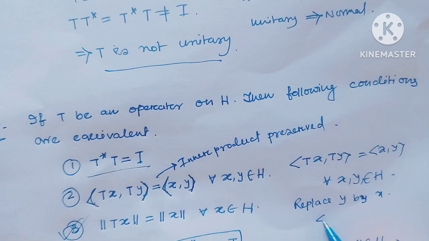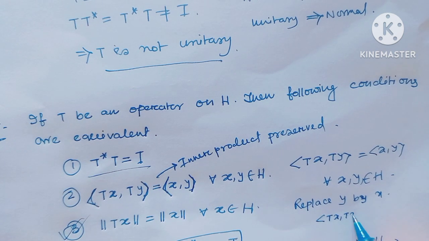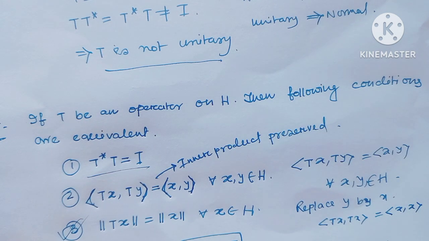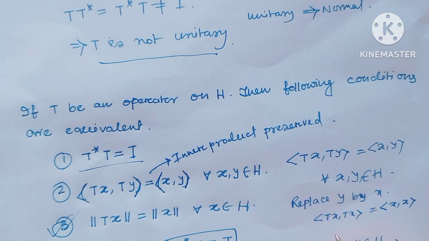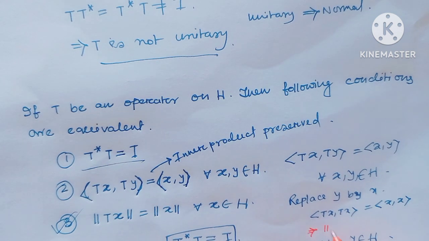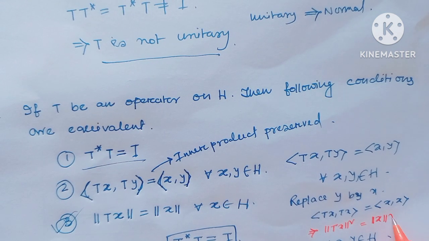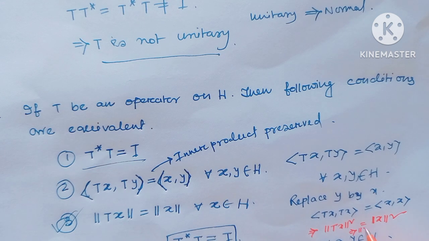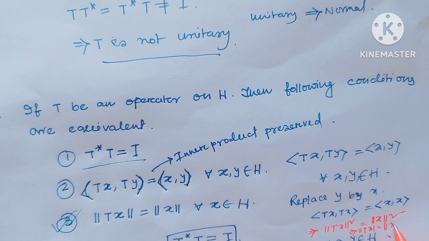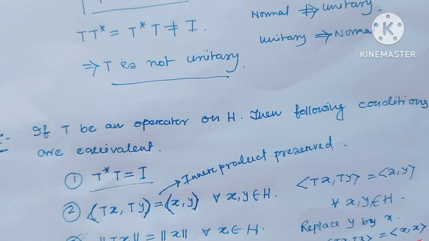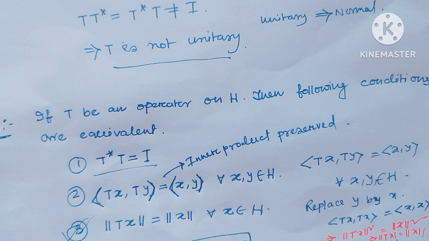Then, inner product Tx comma Tx is equal to inner product x comma x. That implies norm Tx whole square equals norm x whole square. That means norm Tx equals norm x. So, in a unitary operator, inner product and norm are all preserved.